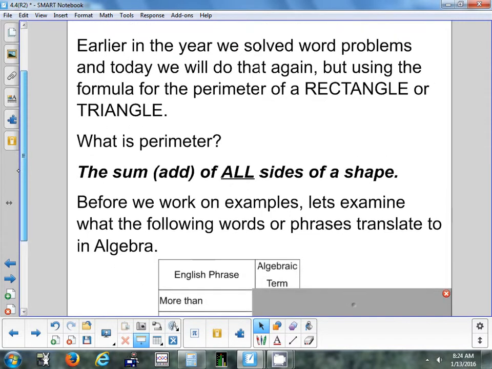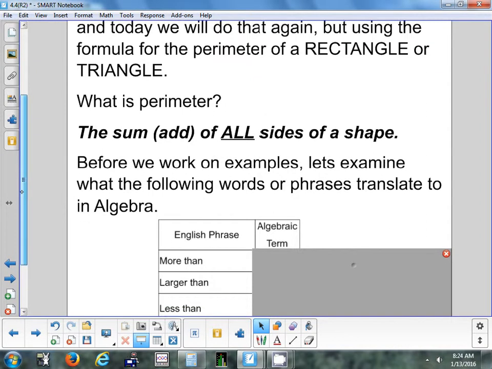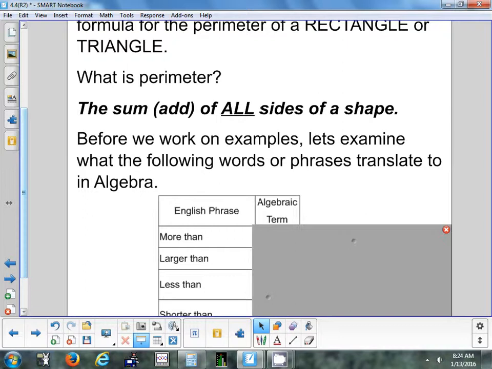All right, so let's start off with more than. Okay, what operation, when you see more than, do you think of? Yeah, addition. So if I said something like you did 2 more homeworks this week than last week, that would be plus 2. You did 2 more than last week. Okay, larger than.